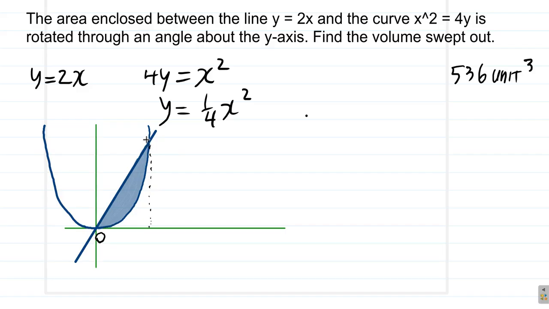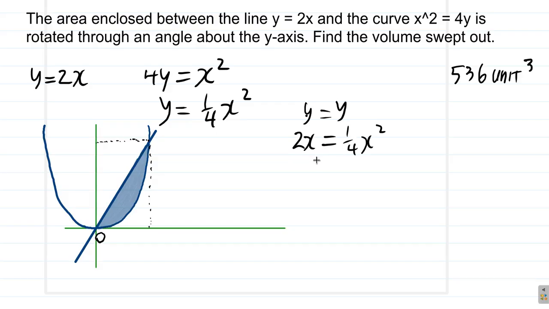Since we are rotating about the y-axis, we also want to find out what y is at that point. When the curve and line are equal, in one case y is 2x, and in the other case y is a quarter x squared.